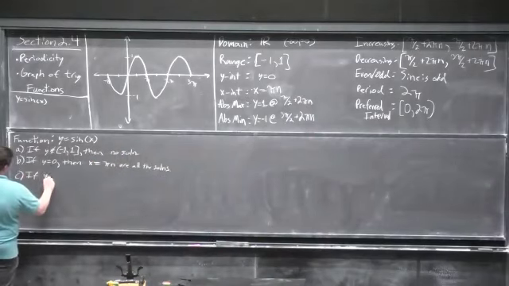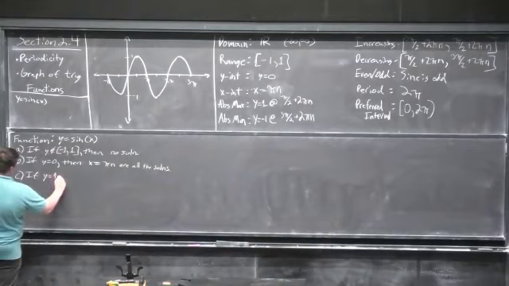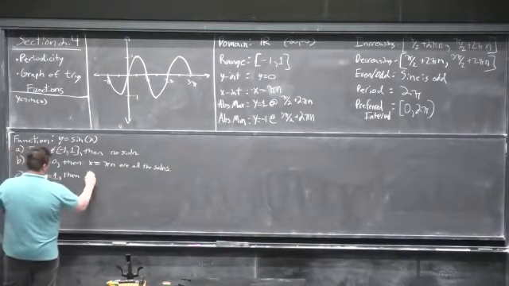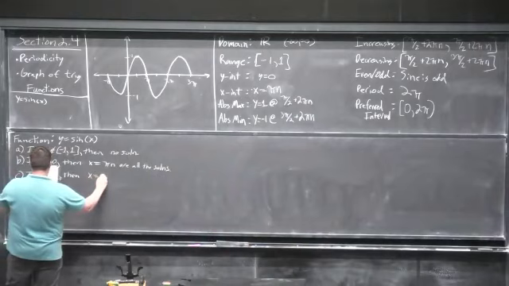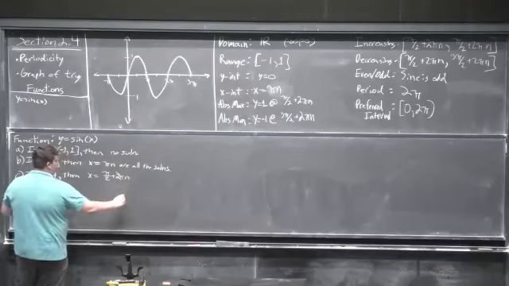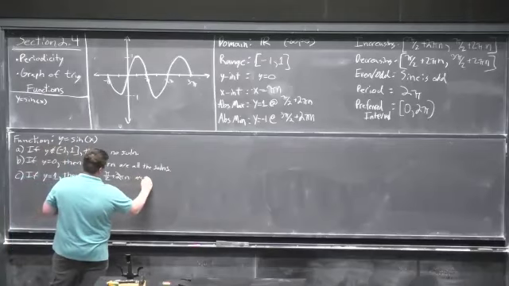If y equals 1, then we have x equals pi over 2 plus 2 pi n are all solutions.